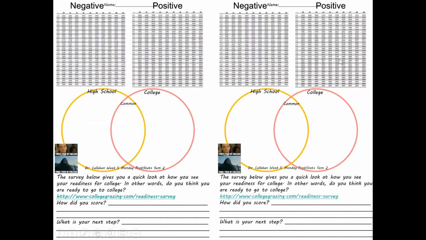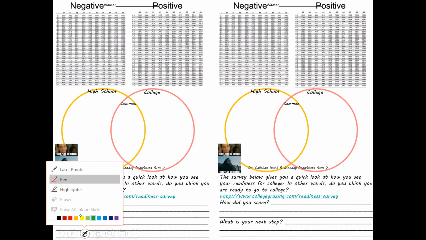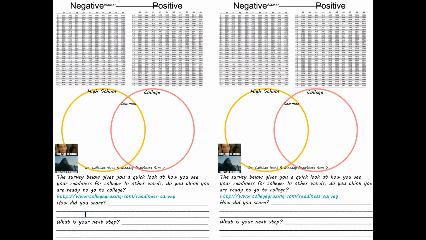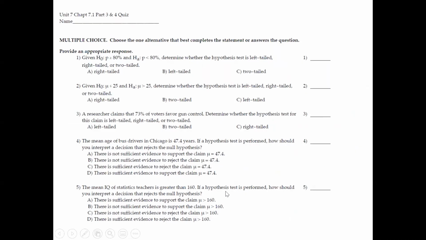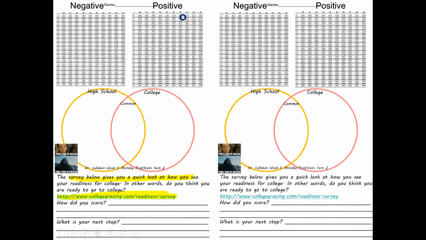I'm going to have you guys take a look over here. You're going to be taking a survey to see whether you are ready for college or not. It's going to be at this link right here. If you go to that, it's going to take you to this page.